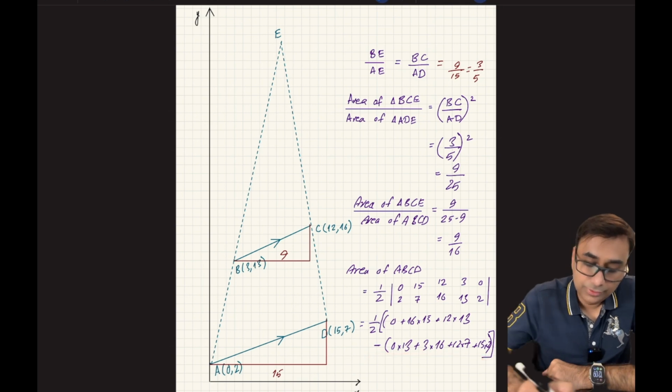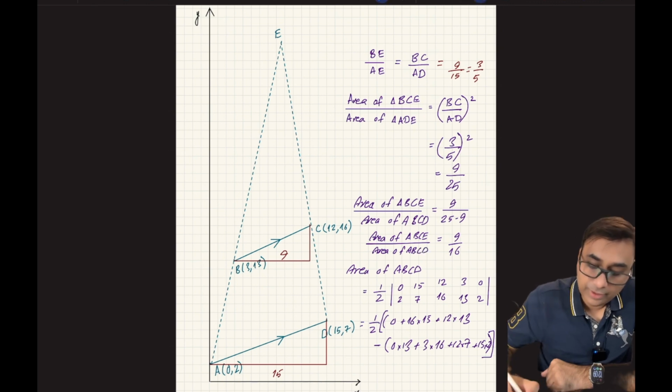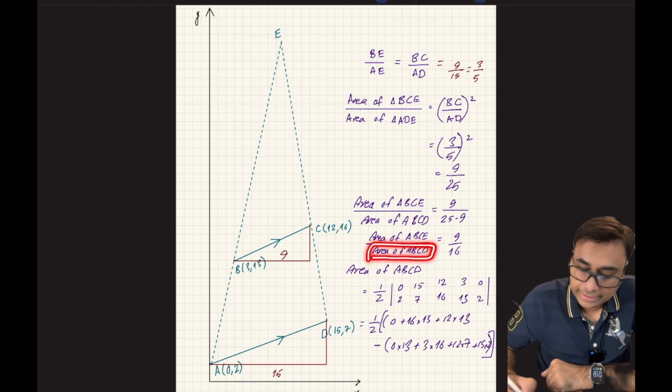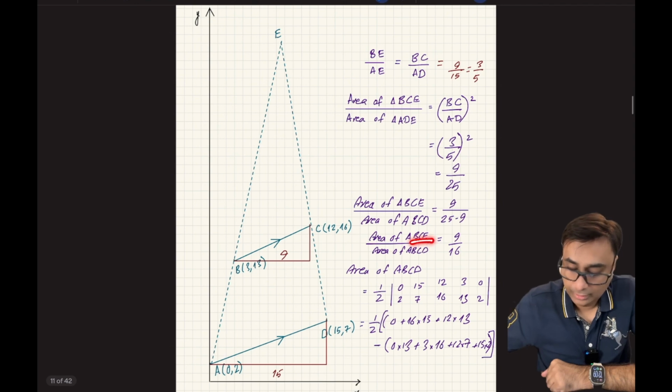And if I know the area of triangle BCE over the area of ABCD, so if I put the area of ABCD that I'll find from here in this equation, I'll be able to get the area of the triangle BCE.